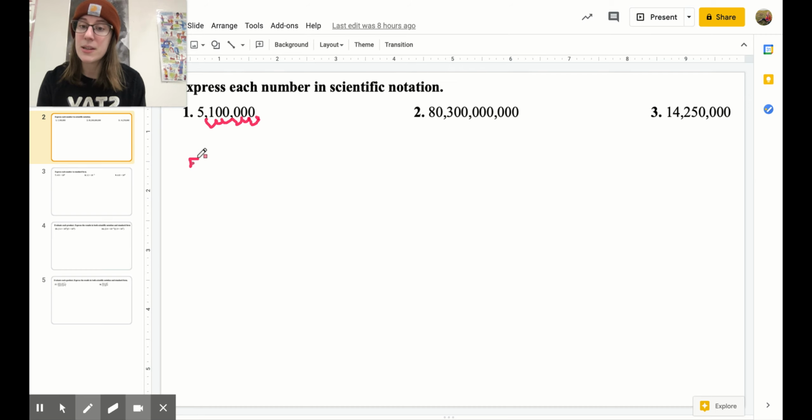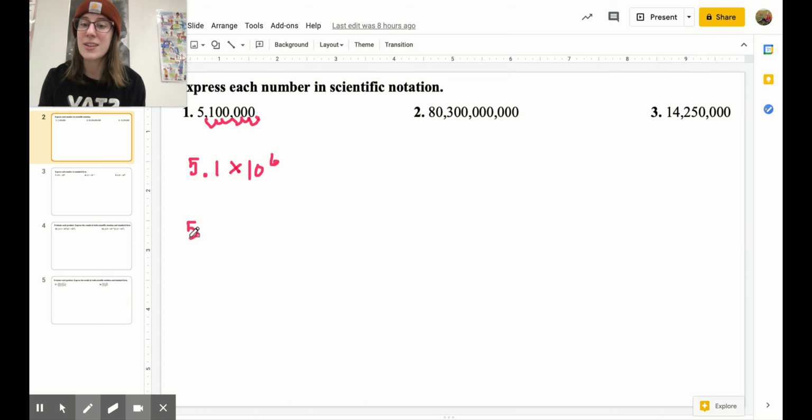So this gets me to 5.1, and now I don't have to write all those zeros. So we have 5.1, and then what we're going to write next is times 10 to the power 6. You may be wondering, where did I get the 6? The 6 actually comes from how many times I moved the decimal. So 1, 2, 3, 4, 5, 6. I moved it 6 times.